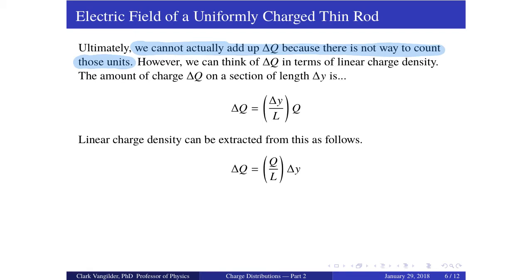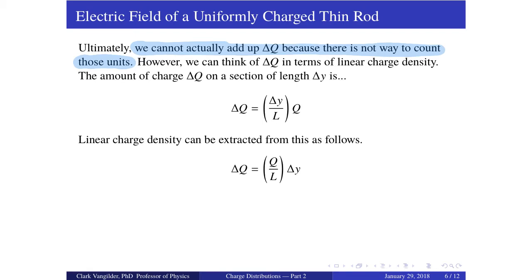Here's what we can actually count. I can take an object, and I can put it in a box that's a charge counter. Okay? Please pay attention. And I can count the total charge on something. That's what I can actually count.